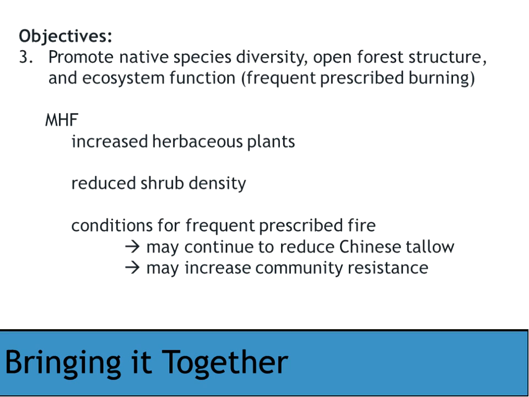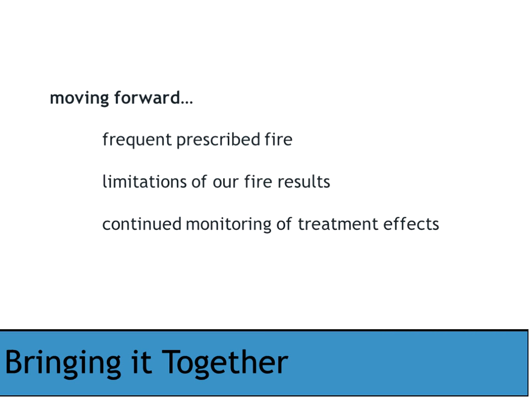And we believe that frequent prescribed fire, because Chinese tallow is a thin bark species, may continue to reduce Chinese tallow density at Parris Island, and hopefully help increase community richness by using this historically adapted process for species that are well evolved with frequent prescribed fire.